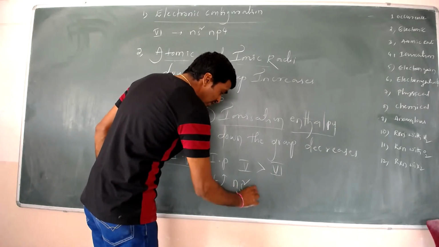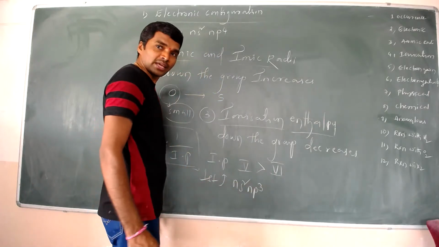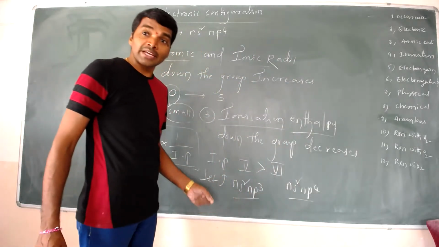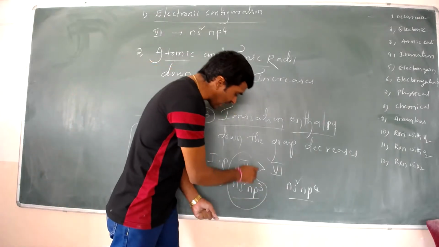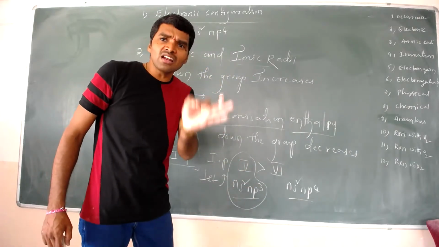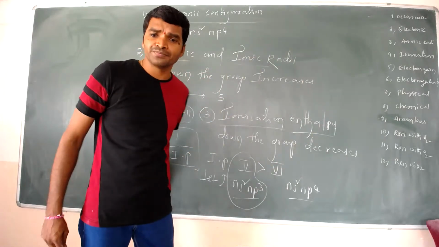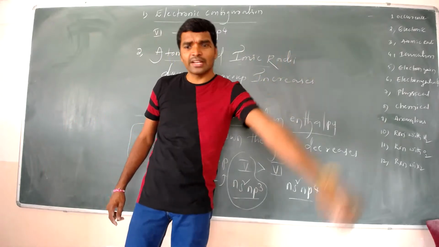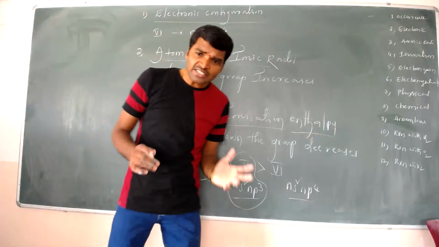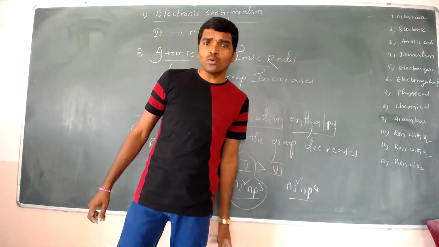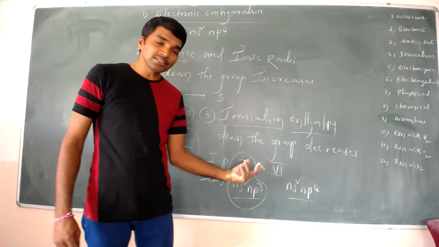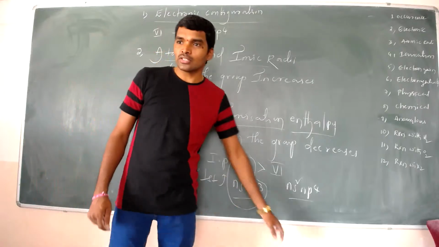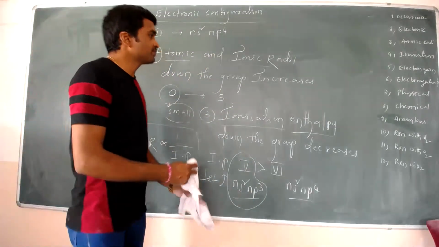Fifth group elements have the extra stable half-filled electronic configuration. Due to this reason, their ionization potential is higher than sixth group elements. This is a very important point.